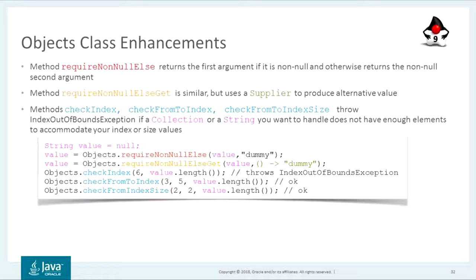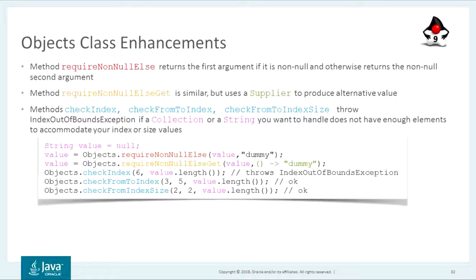We're approaching a few more features here. The Objects class enhancements. The Objects class allows you to substitute a value: requireNonNullElse, or requireNonNullElseGet. Get basically provides a supplier which manufactures the value. So if something is null, you can substitute a dummy.